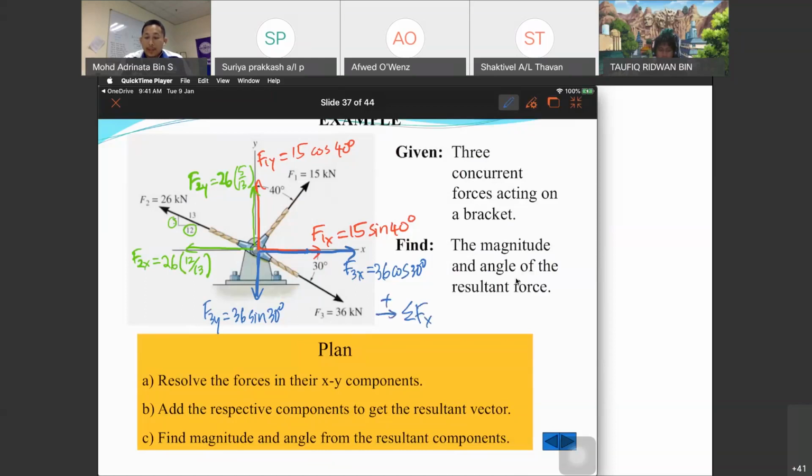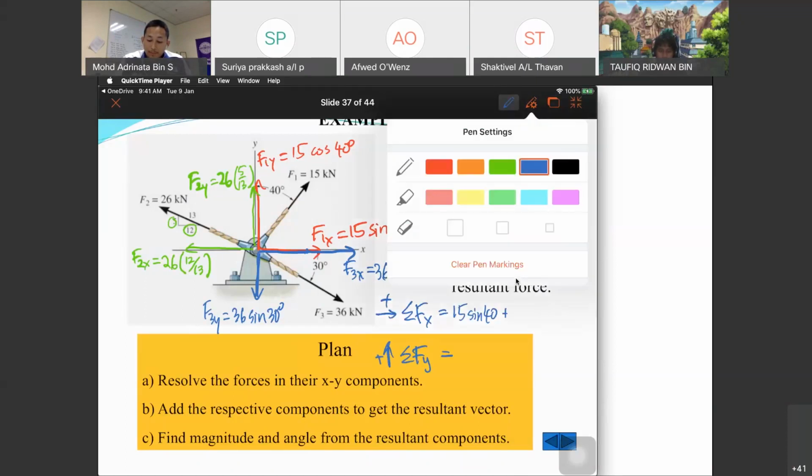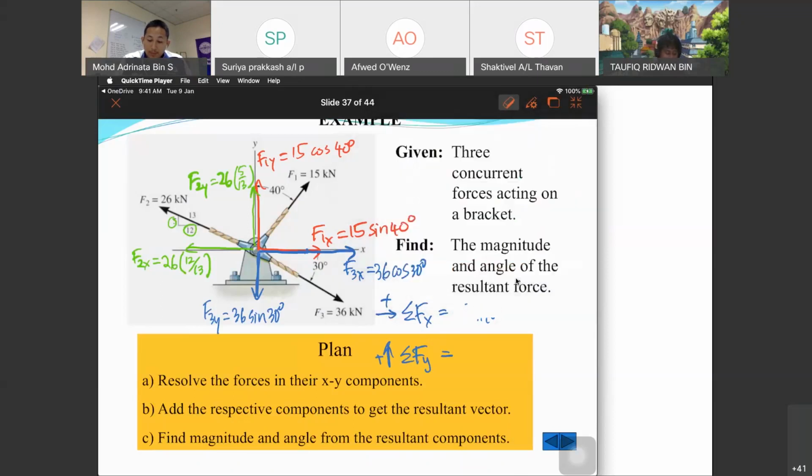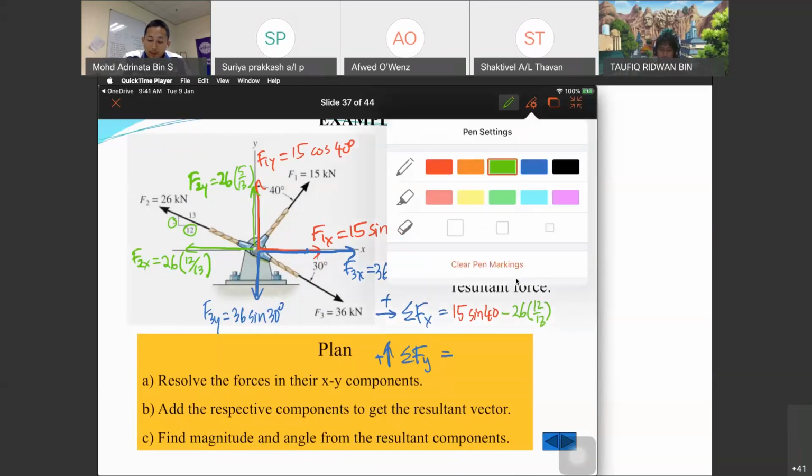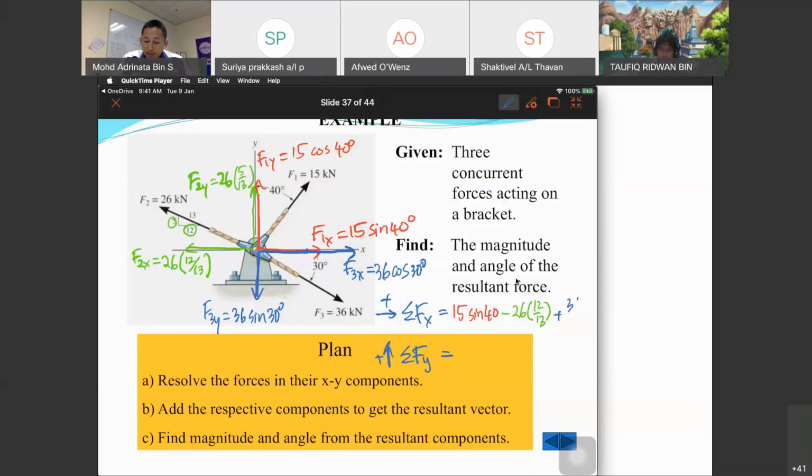You assume that to the right is positive, and up is positive for the y direction. So for Fx, using F1, 15 sine 40 degree, and then we have our F2x in the other direction, negative 26 times 12 over 13, and then in positive direction F3x, plus 36 cosine 30.